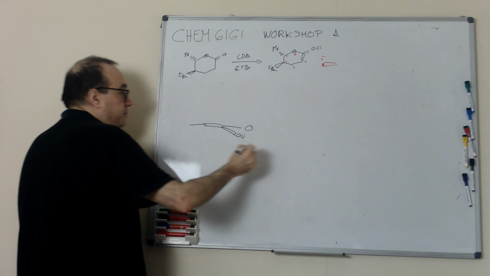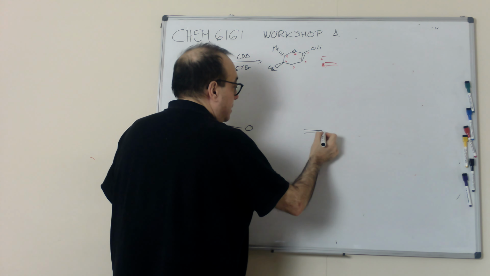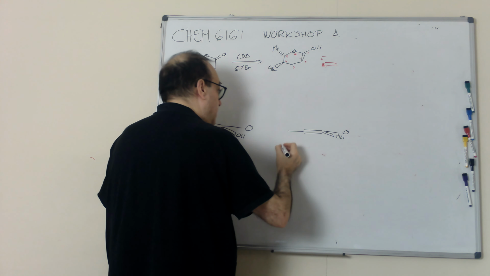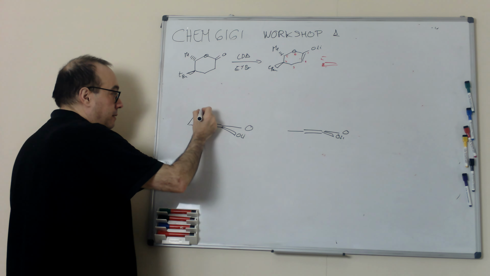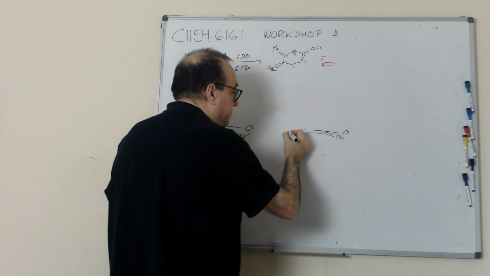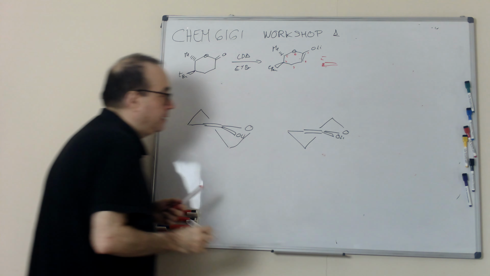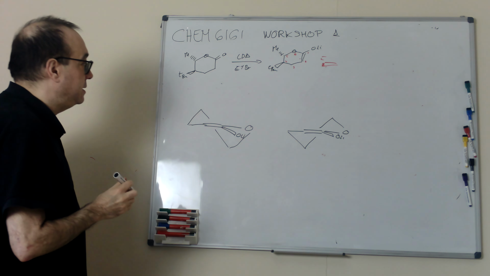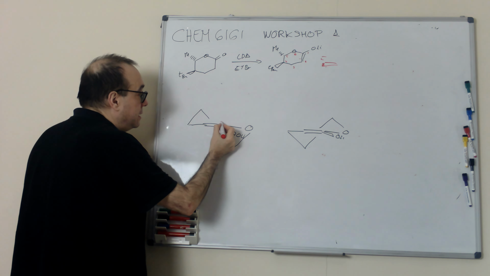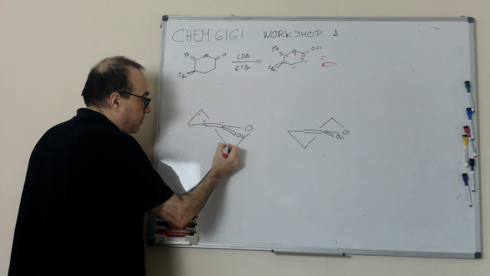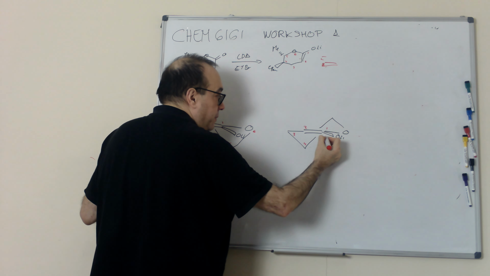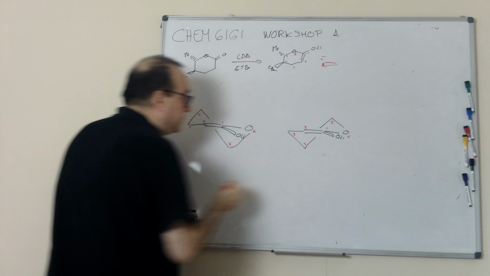And as I did before, I draw the two possible half chairs, one up and one down. And then what I do is simply putting the substituents. In this case, this is 1, 2, 3, 4, 5, 6.